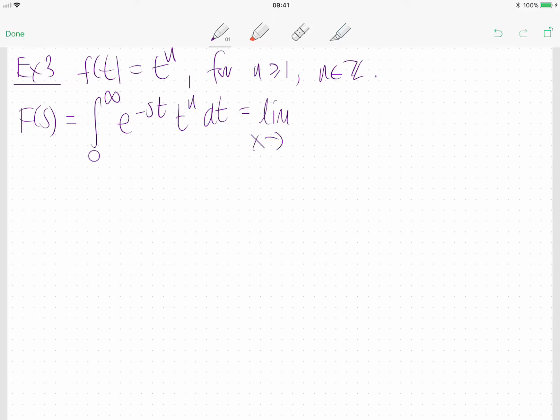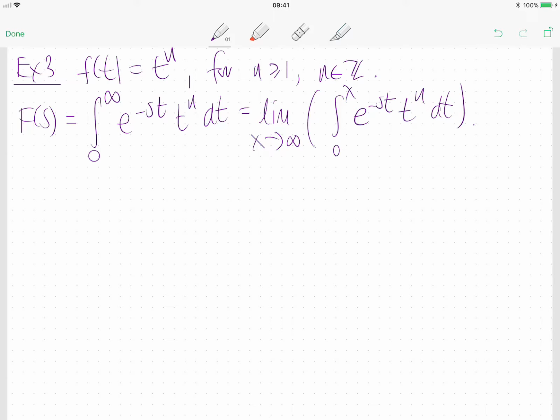I'd like to use the letter big X. So it's the integral from 0 to big X, take the limit as X goes to infinity, and we're doing this over the function e to the minus st times t to the n dt.